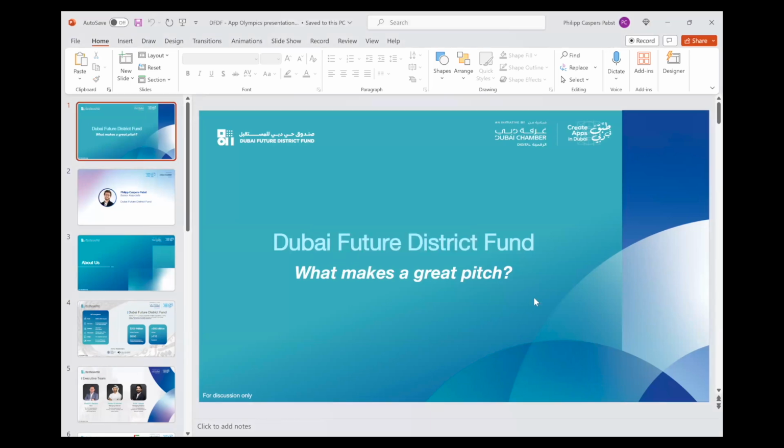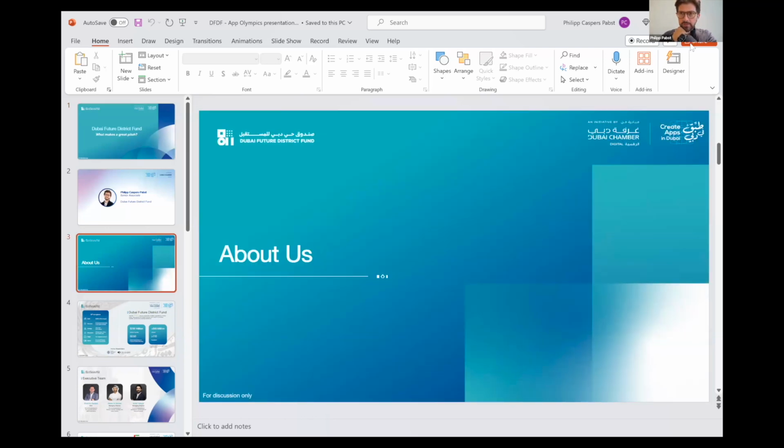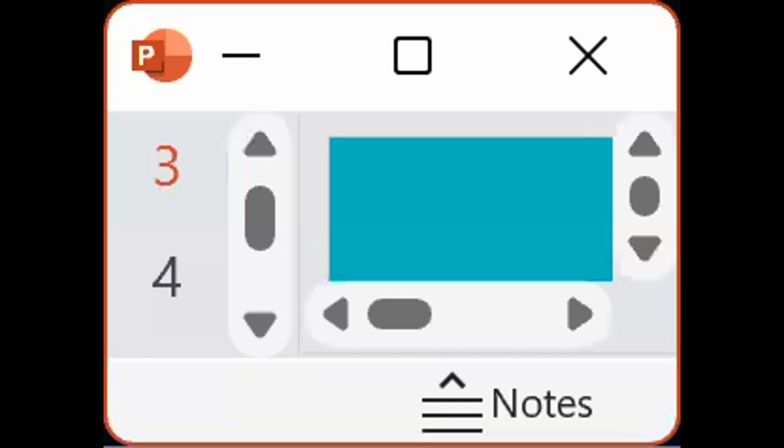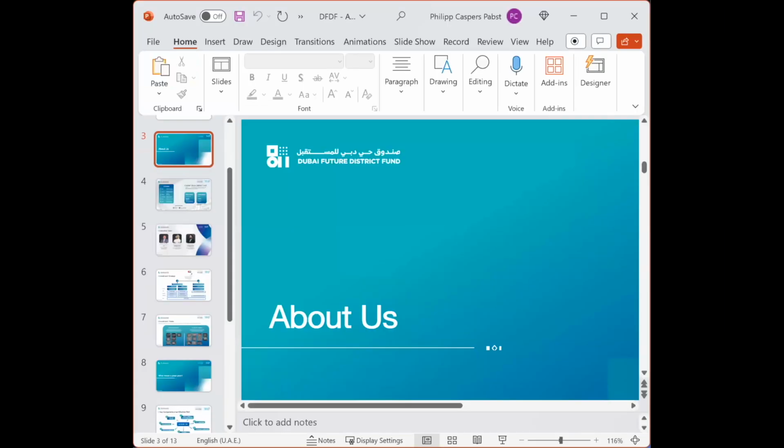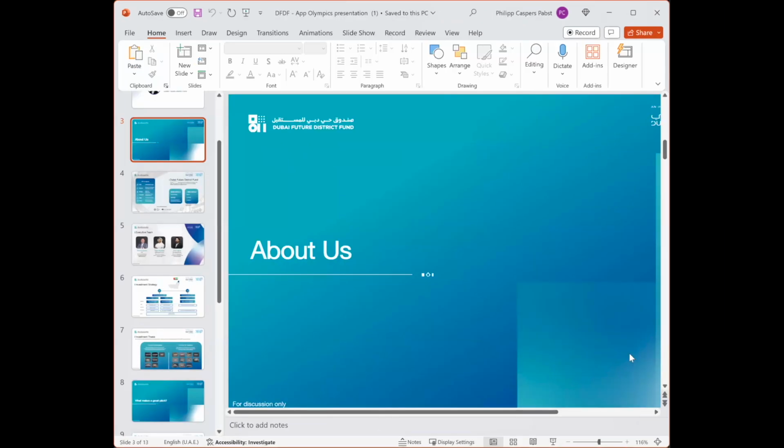On the bottom side. Yeah, the thing is, that bar is blocked. Okay, bear with me. It's not allowing me. So let me do this again.